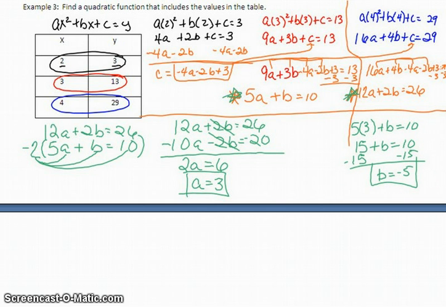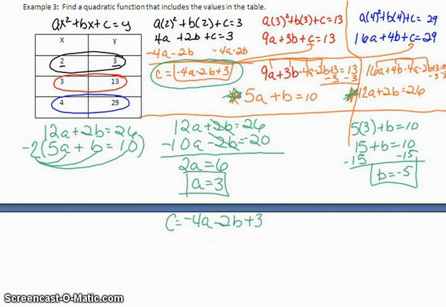So far I know A and B. I need to determine C. So I take both these answers back to C equals. And let's see what we have. I'm just going to write that down here again. C equals -4a minus 2b plus 3.